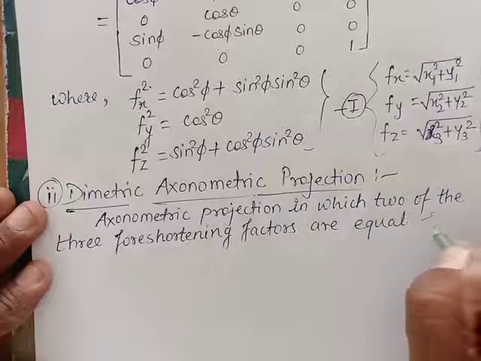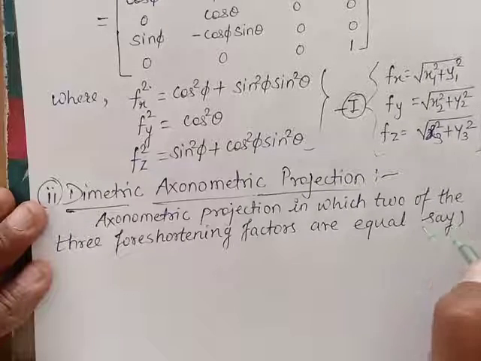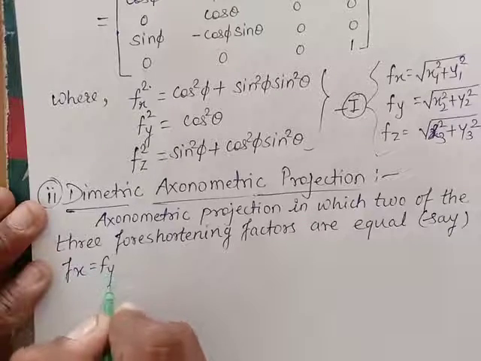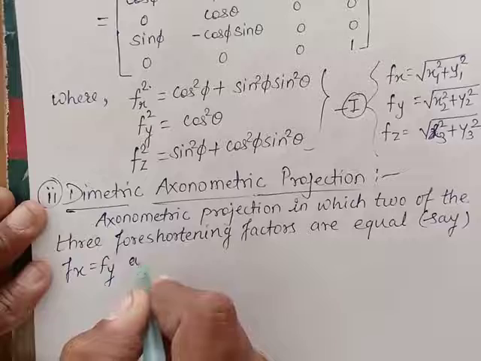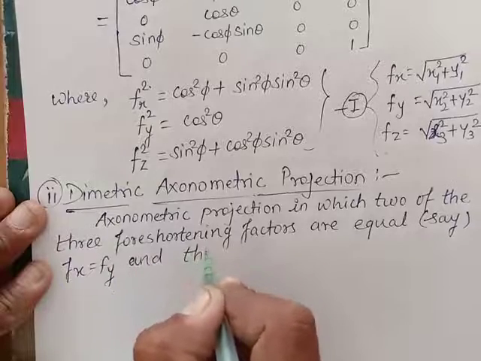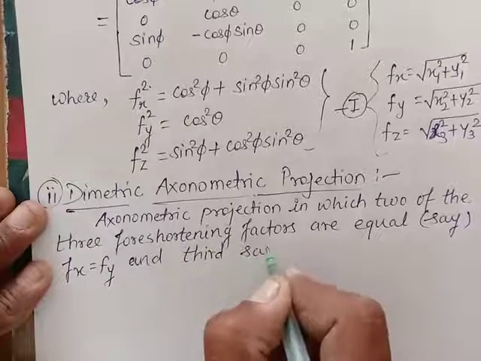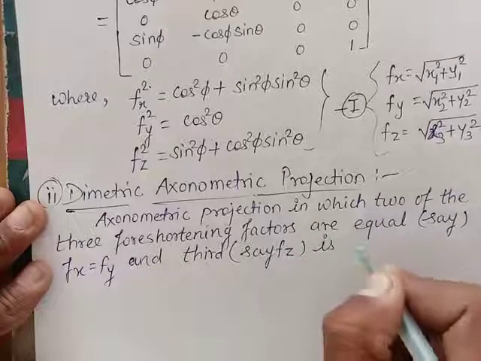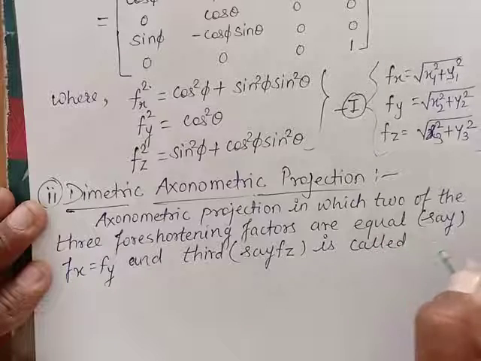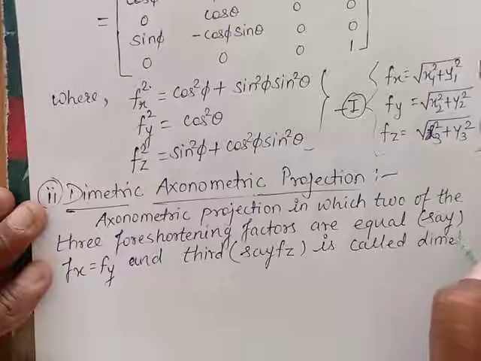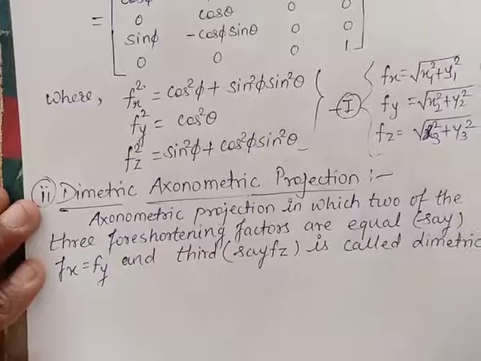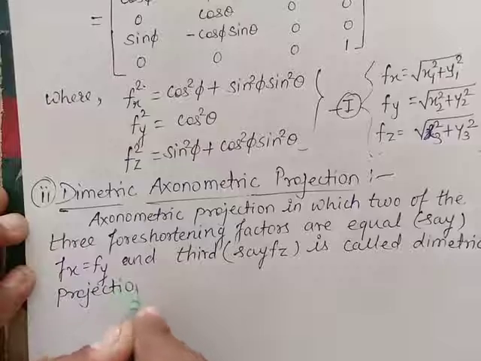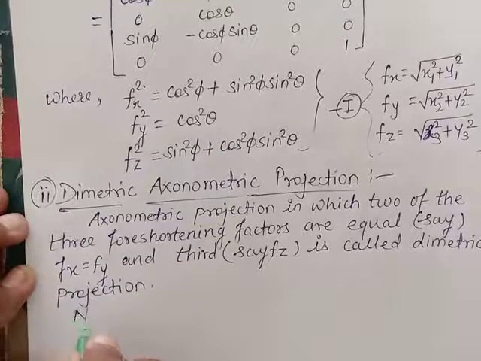Two of the three foreshortening factors are equal. Say fx equal to fy. And third, say fz, is called diametric projection. Diametric projection.